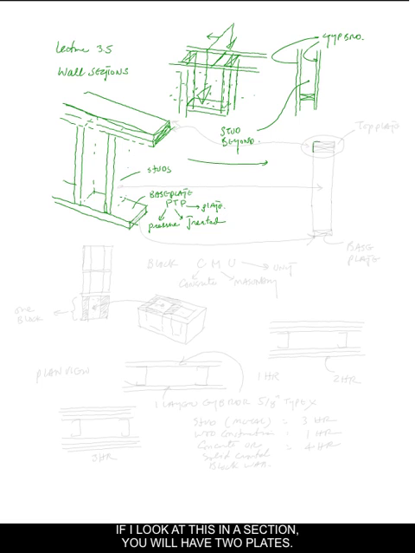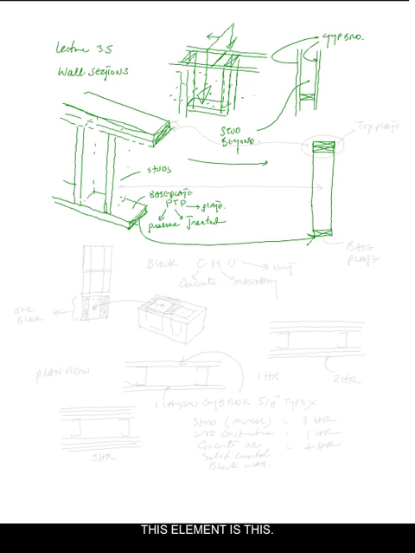If I look at this inner section, you will have two plates. You will have a stud, and you will have your base plate. This element is this, element is this, and these two are shown here on the top.